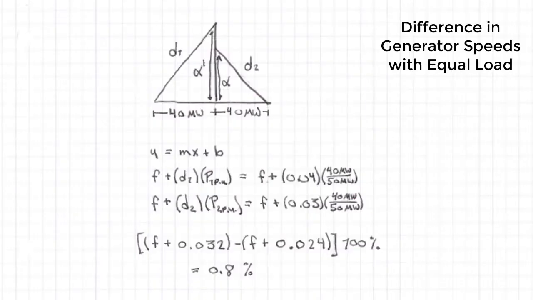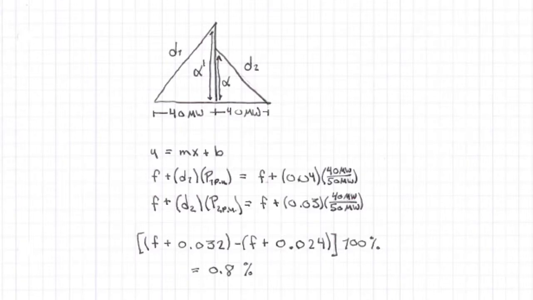We could also calculate the no-load speed adjustment required at the speeder motors if the machines share the load equally. When we do this, we no longer need to hold the rotational speed of our motors equal. We just need to worry about the total output of energy. If they're both going to supply 40 megawatts to our 80 megawatt load, we will have varying alphas.